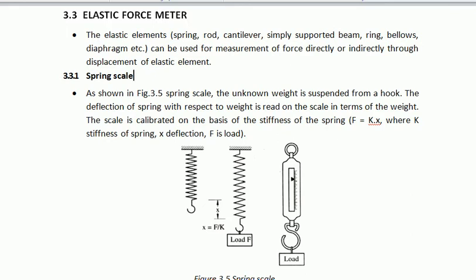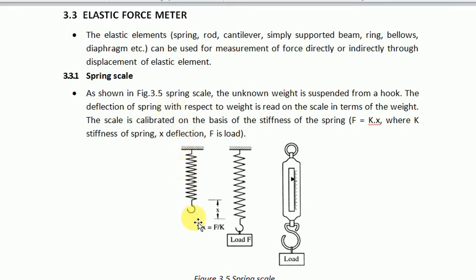Friends, I told you in the beginning that there are different methods to find out the force. Here you can see this is the elastic force meter, where an elastic element like a spring, rod, cantilever or simply supported beam, ring, bellows or diaphragm is used in order to measure the force.